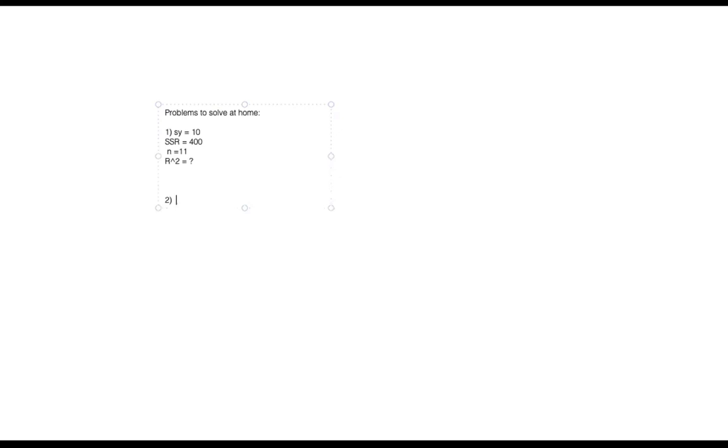Now let me give you the information for the second one. I'll be honest with you, it is more difficult. It will require you to do a lot more calculations than the first one. But with the second one, you're truly realizing how everything that we've learned so far is connected.